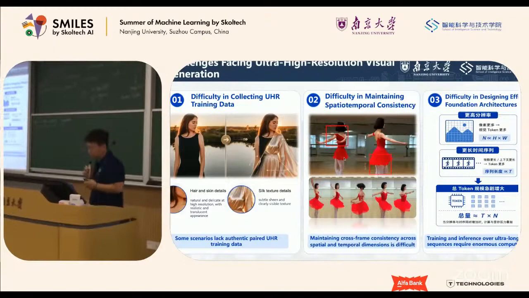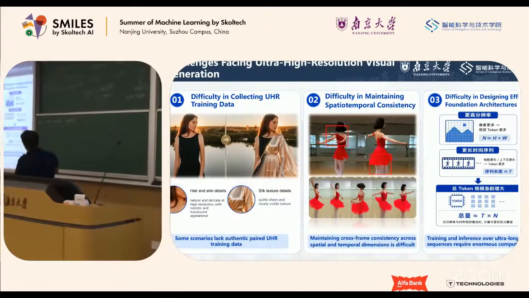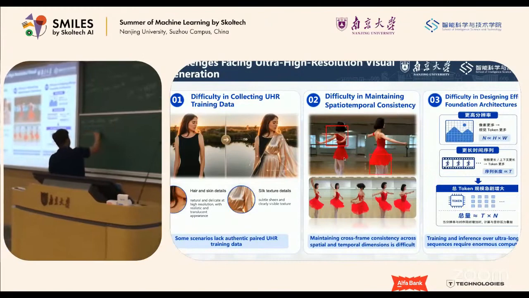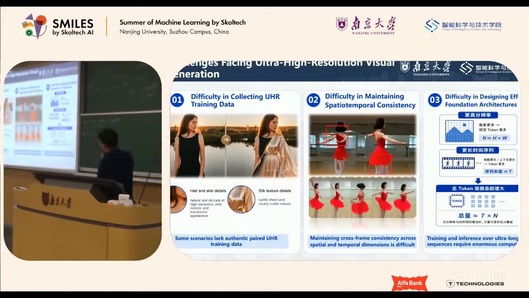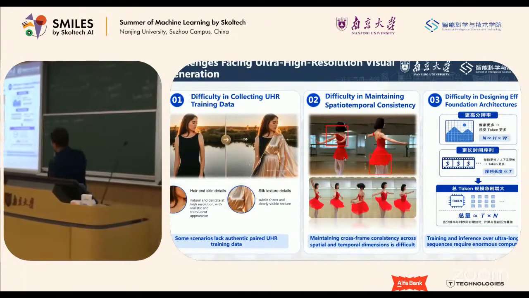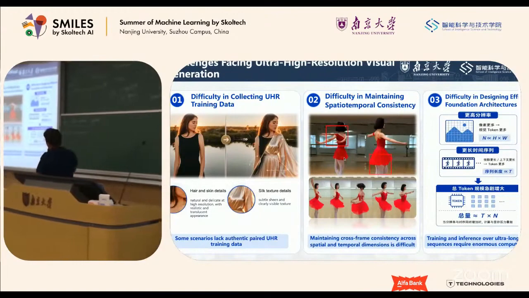The second challenge is that spatial and temporal consistency is difficult to maintain in videos. If you are doing a video generation task, especially in ultra-high resolution scenarios, it is very difficult to maintain spatial and temporal consistency.